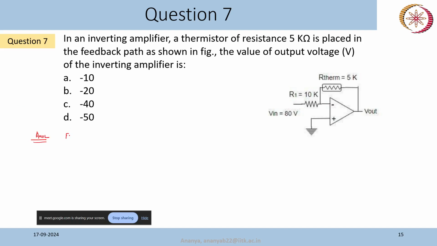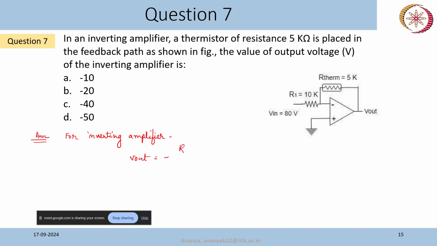So for an inverting amplifier, the output voltage V out is equal to minus RF by R1. I remember it as RF by R1. RF means the feedback resistor.